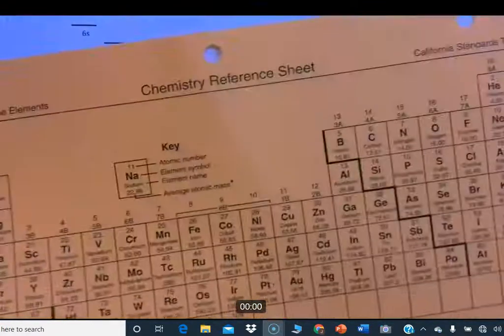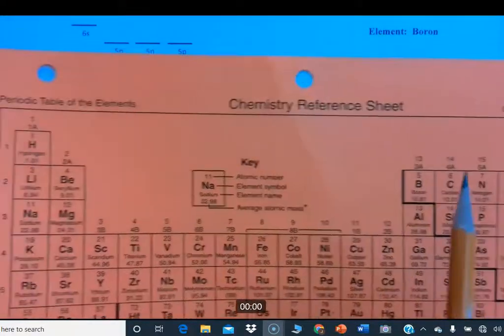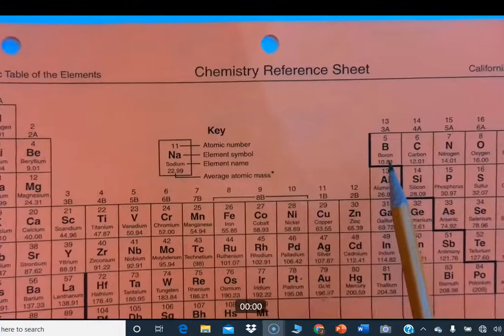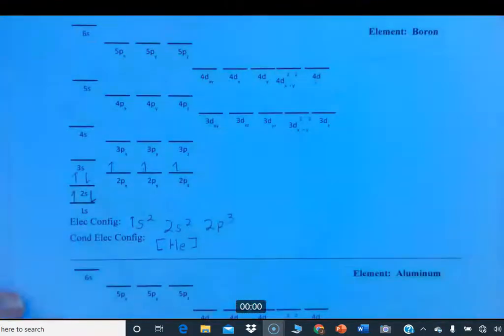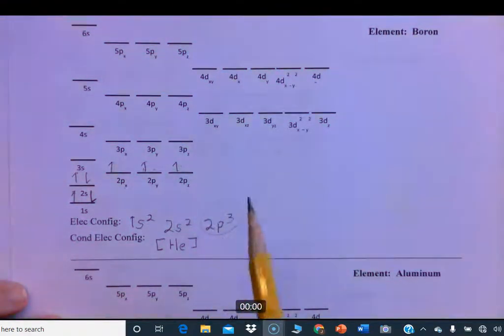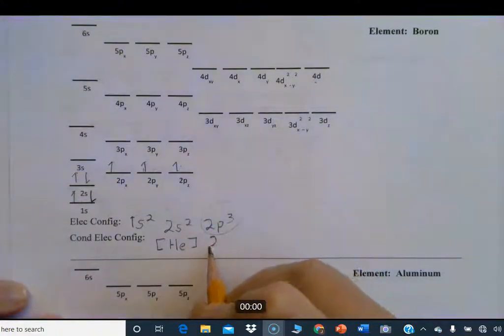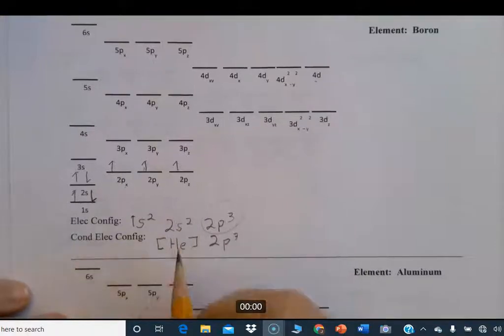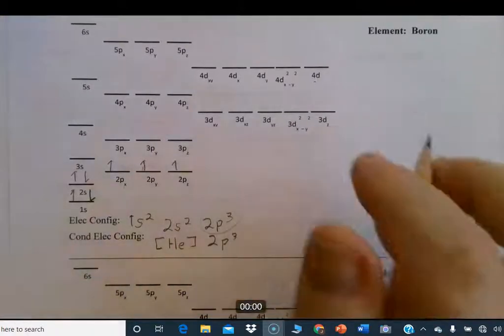So helium is right here, and then we come across and we write the rest of the notation that comes after helium, and all that is this part right here. So that's going to be 2s2 2p3. This doesn't seem much shorter, but it will when we get the elements further down the periodic table.